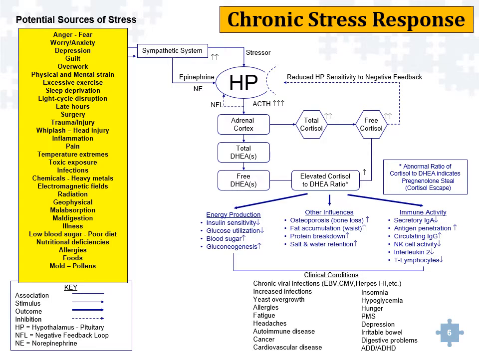A discrepancy or imbalance of cortisol and DHEA over time can then lead to energy production problems, let's say decreased insulin sensitivity, or blood sugar utilization problems, or immune system problems where we start to have a loss of secretory IgA and immune dysregulation. So the clinical conditions, whether it's depression, an autoimmune disease, or chronic infections, it all funnels back to this breakdown of the stress response, where people are dealing with these chronic stress issues.